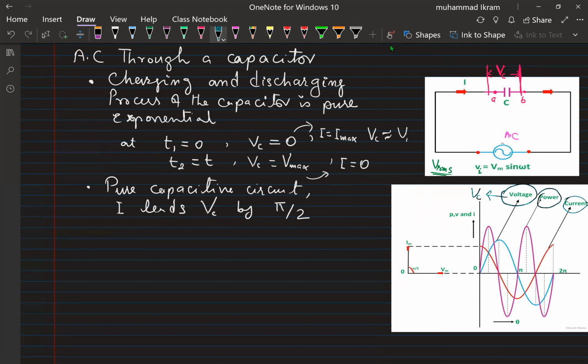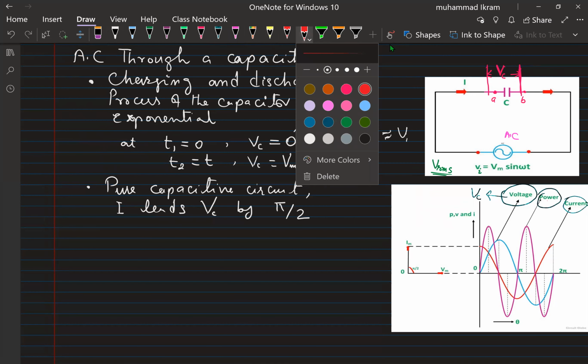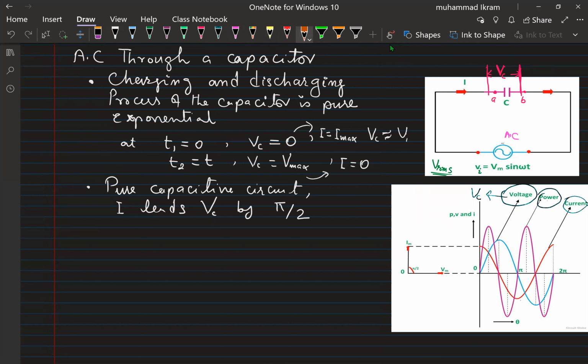So you see that when the current is maximum, here you see that this is your I. The current is not this one, it is stated like this. The current is this I. So when the current is maximum, right at t equal to 0.